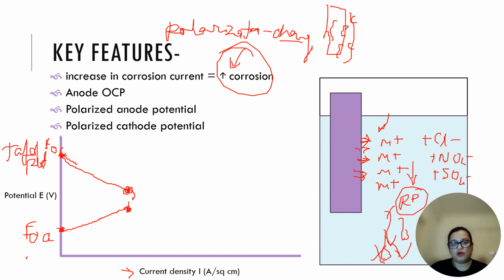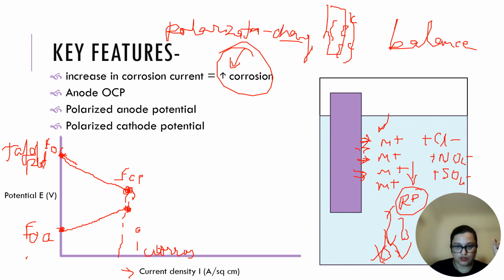They will form some kind of a balance, and when this balance occurs, you have a corrosion current. So this is the polarized potential of the cathode, which is the cathodic area. This is the polarized potential of the anode, which is the anodic area, and you have a resultant corrosion current.